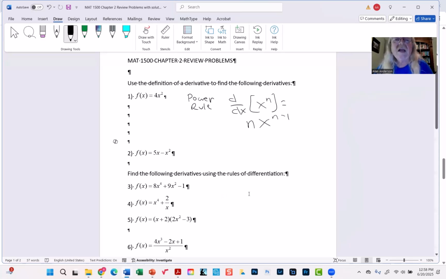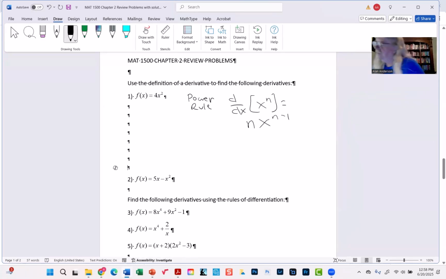Now, if you also happen to have a constant involved, which we do here, when you combine that with the constant, you'll end up with n times c times x to the n minus 1 power.